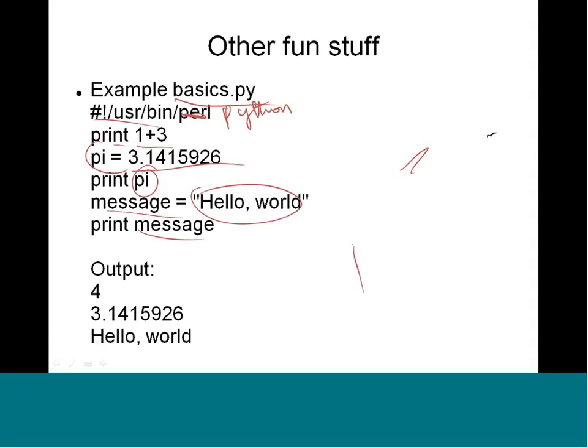So now the output of this particular run is going to be, the first one is going to evaluate this expression and print the result, which is 4. For the second one, there is a print statement here, print pi, and it's only going to replace this pi with the actual value. So this is the variable, and then it replaces the variable with the value.